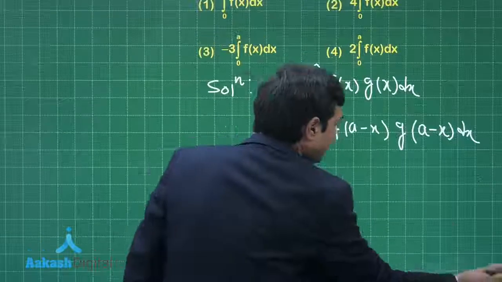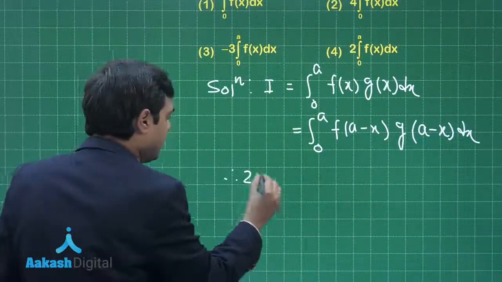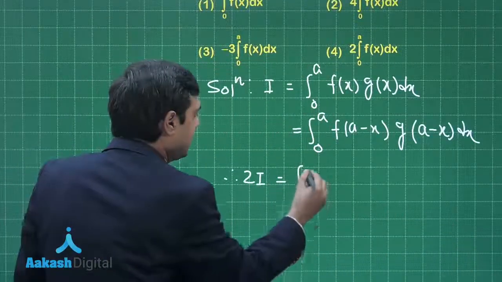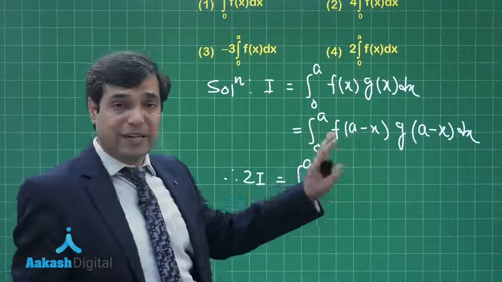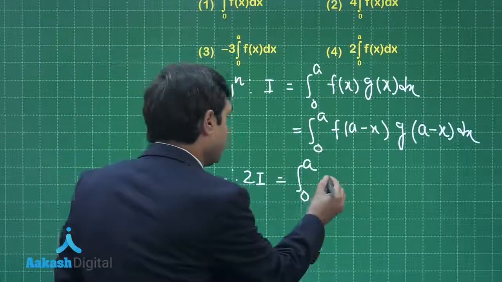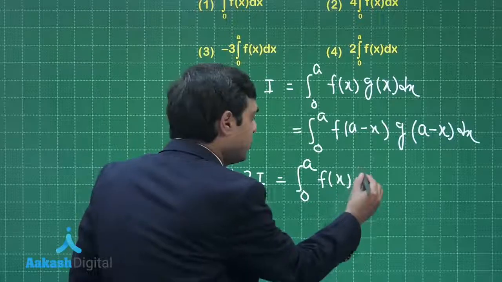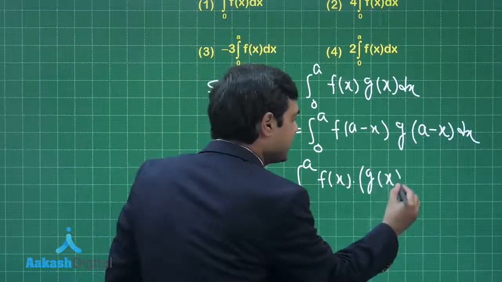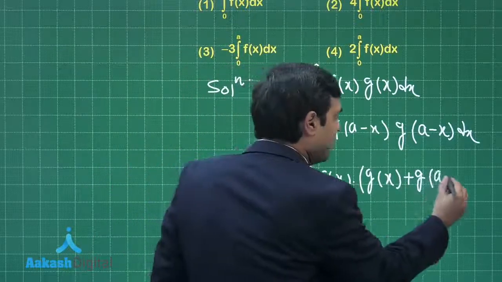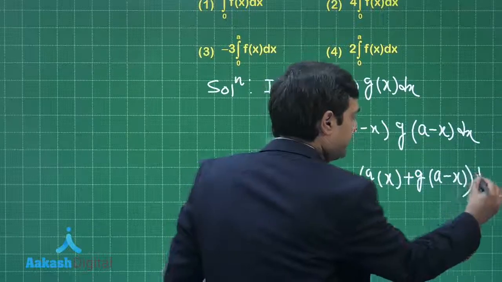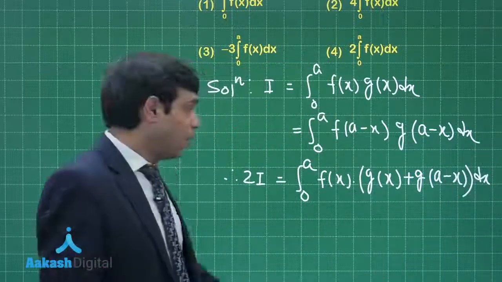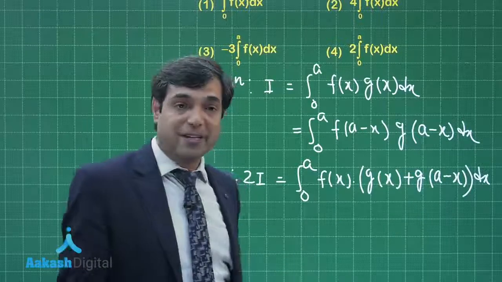On adding these two equations, 2I equals integral 0 to a, f(a minus x) is simply f(x). So we have f(x) common into g(x) plus g(a minus x) into dx. Now, g(x) plus g(a minus x) is simply 4.